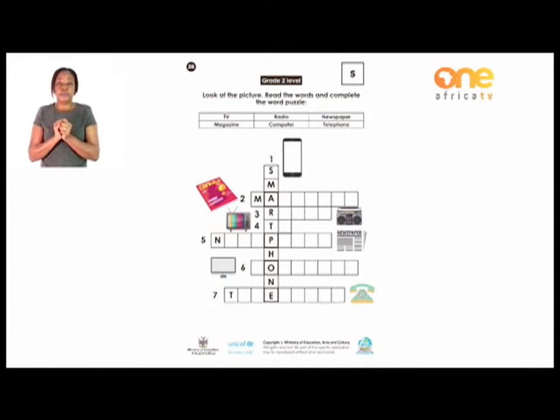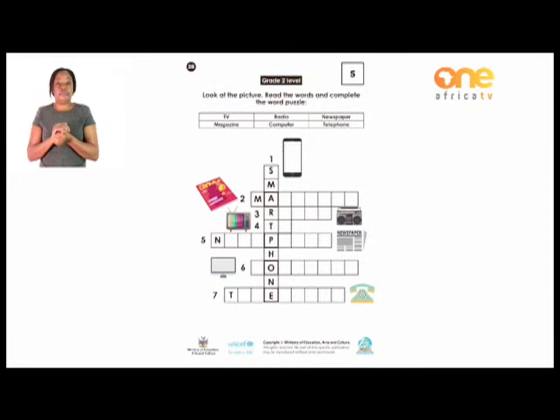The first one is done for you, number 1. They have done for you the one on top there, the cell phone that I have just shown you. We call it a smartphone because the numbers are just inside. It's just a screen where you have to press in order to write your message.